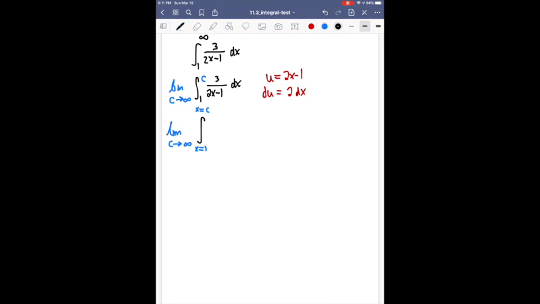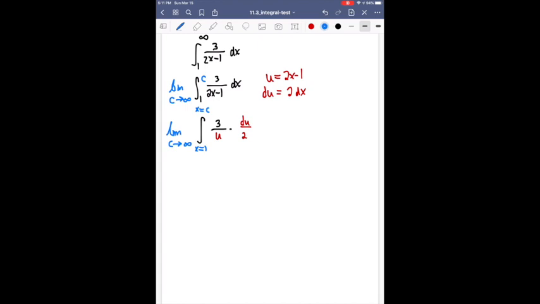But if we substitute this into the integral, we now have the integral of 3 all over u times du over 2. And this is an integral that we can just go ahead and anti-differentiate.